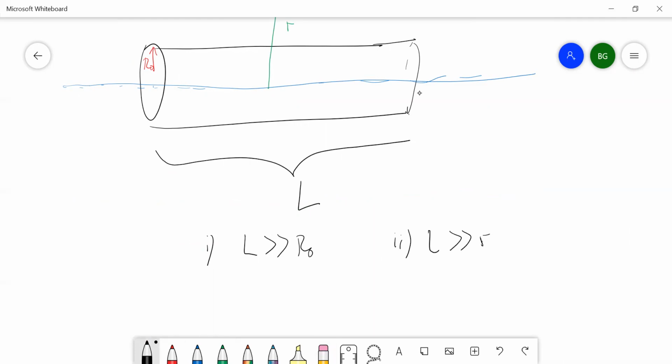So it means that we only have to consider the surface around the cylinder.